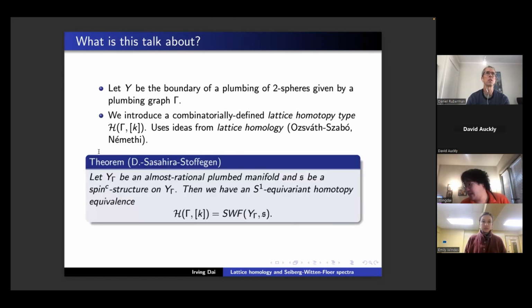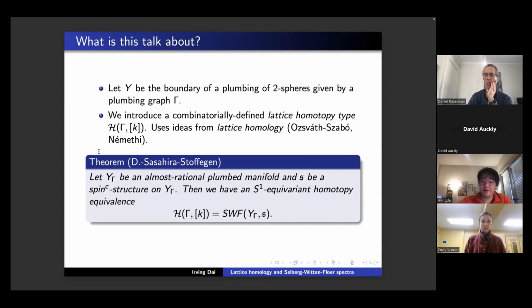And the thing that you write down is not just a finite CW complex. It also admits an S1 action, okay? And we prove that the homotopy type of this combinatorially constructed thing actually computes the Seiberg-Witten-Floer homotopy type of the boundary of the plumbing, okay?